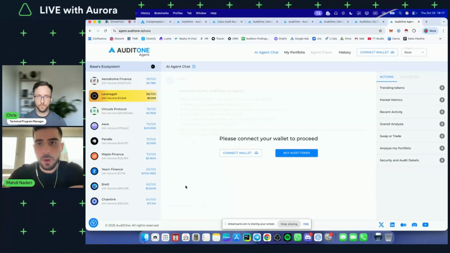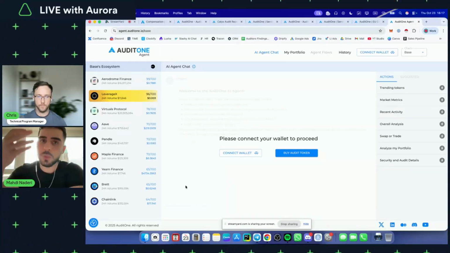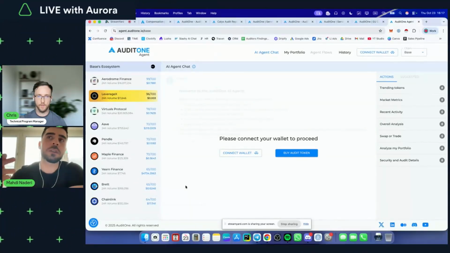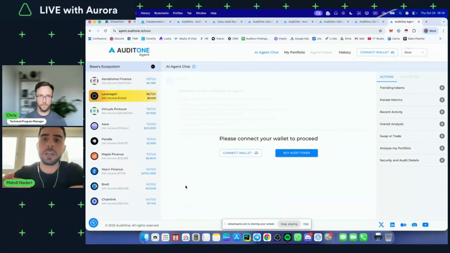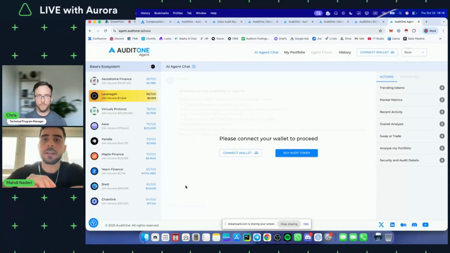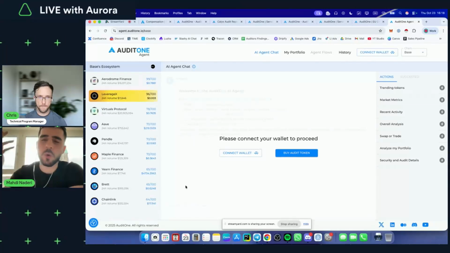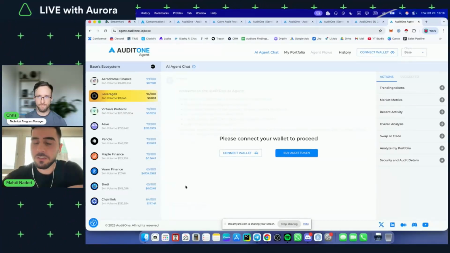You can swap your portfolio here, rearrange it, and you can also set it so that if a token falls below a certain security score, it swaps that token for the rest of the tokens in your portfolio, and a whole bunch of different functions.